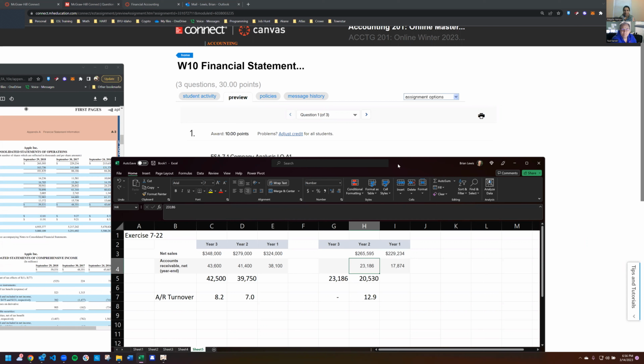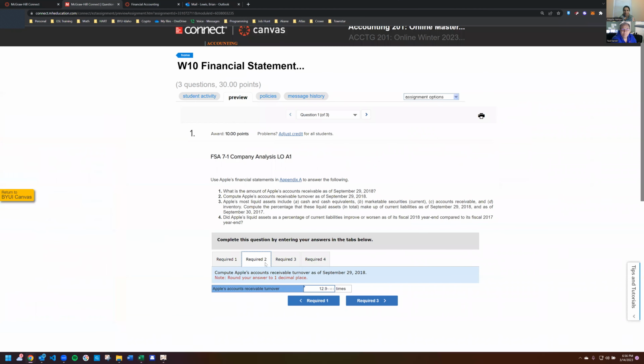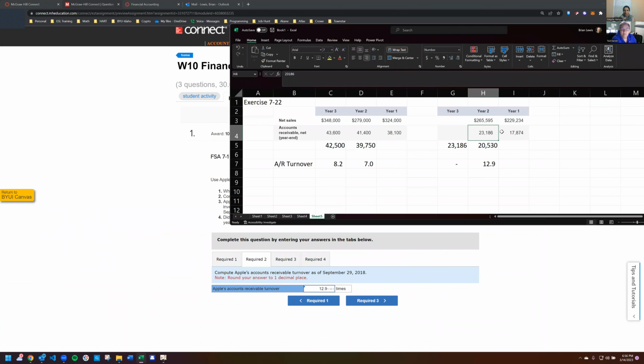I think it's 129. I guess I have to go to the next one. 129. There we go. That's probably what it was, just averaging the receivables value. So once you average, when you're dealing with multiple years for this particular thing, once you average the accounts receivable, your numerator then becomes the net sales for the given year, and then you divide it by the average. Okay, that's where I went wrong.